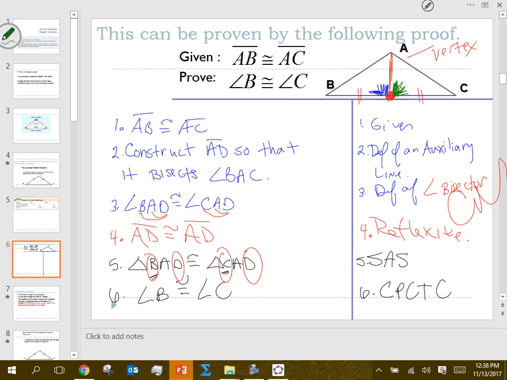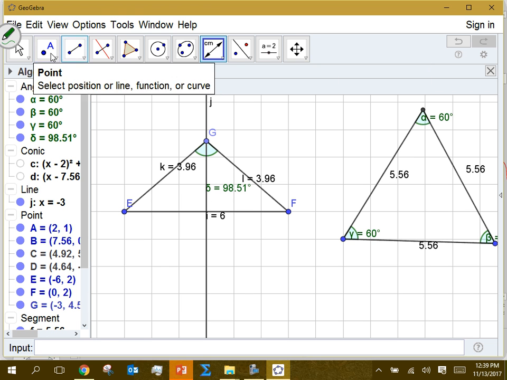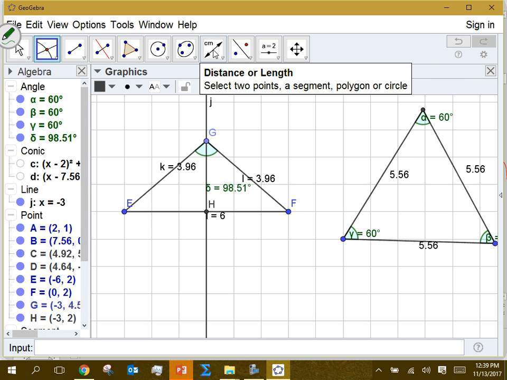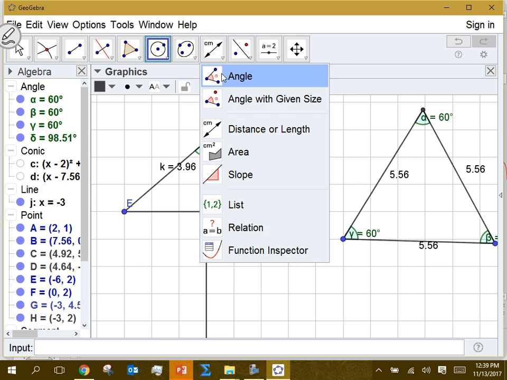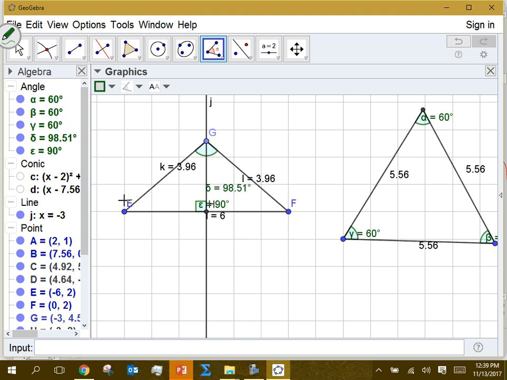So what's nice is that when you have an isosceles triangle and you bisect a vertex angle, so let me bisect that vertex angle up here in this triangle, I bisected that. A couple of things always happen. The angle down here is always a right angle, and you see that happen there.